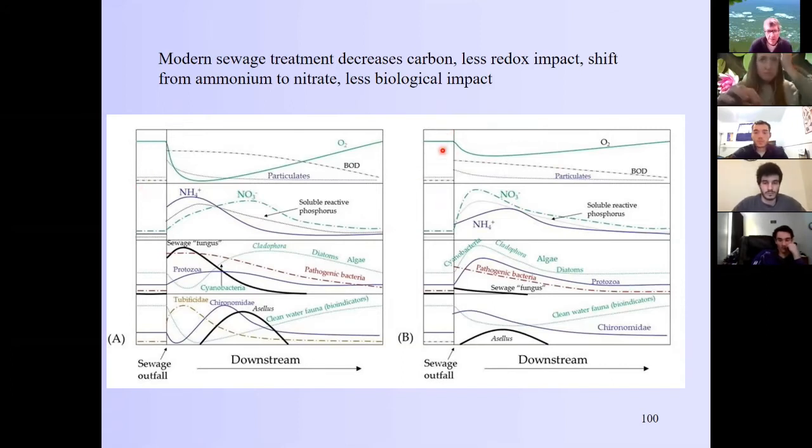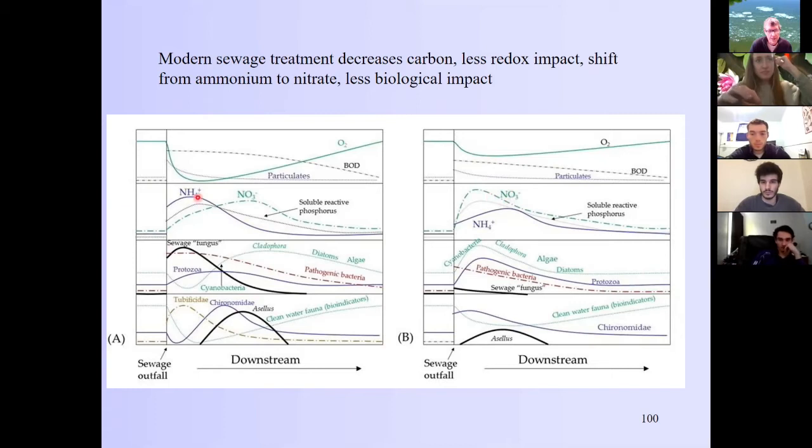So again, we have the modern sewage treatment plant. They take the biochemical oxygen demand out. They drop the number of particulates out. So the oxygen dip's not going to be nearly as severe because there's not so much respiration. Oftentimes they'll have an oxidizing step that converts the ammonium to nitrate.